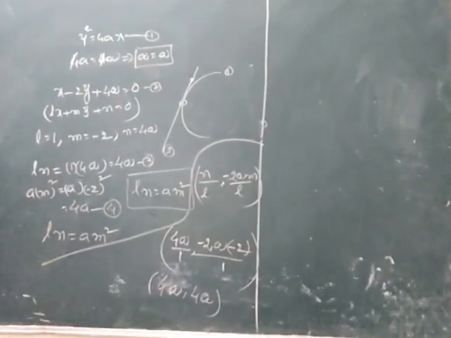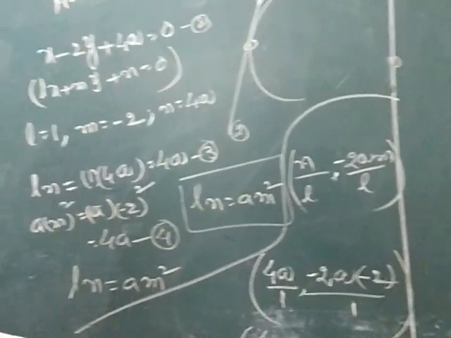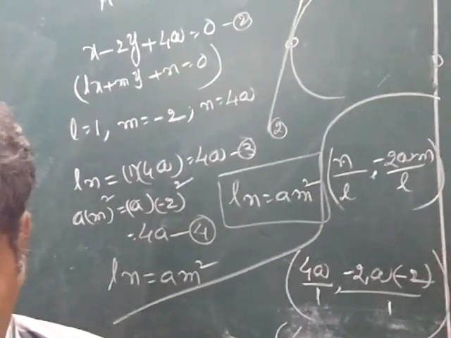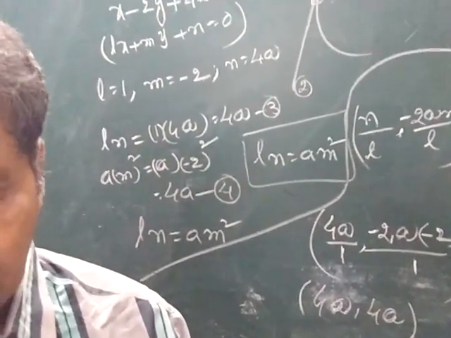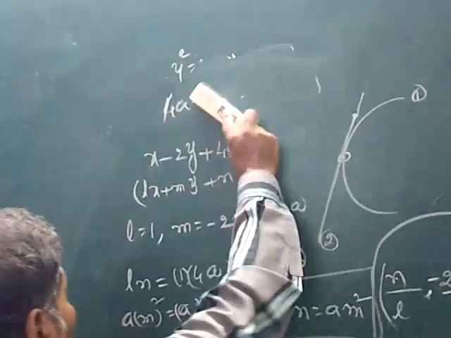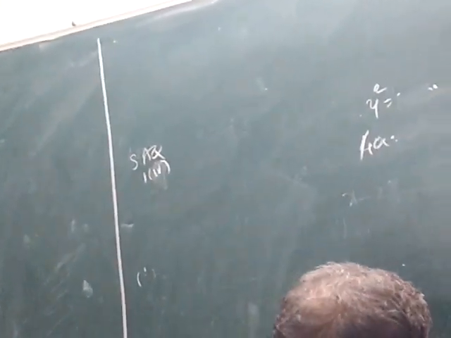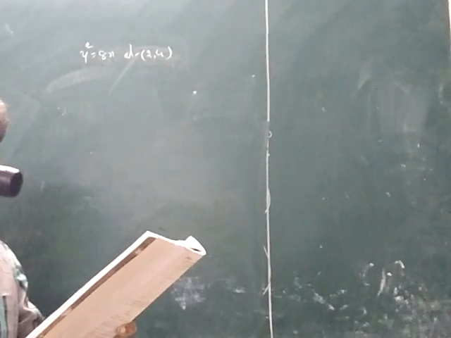Next, fourth one: find the equation of tangent and normal to the parabola y square equal to 8x at 2 comma 4.